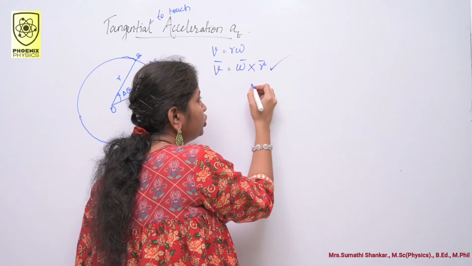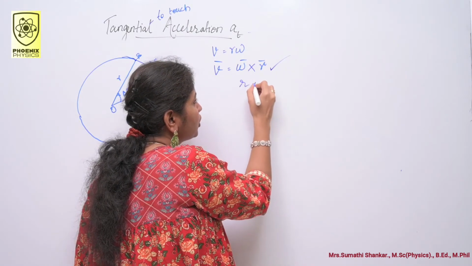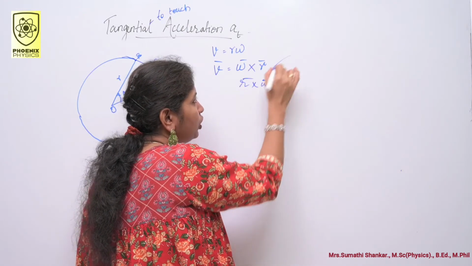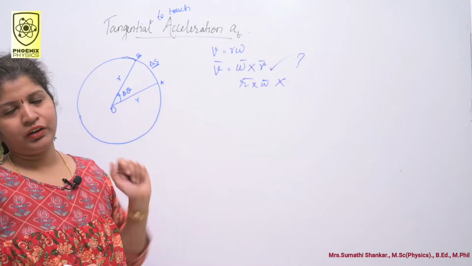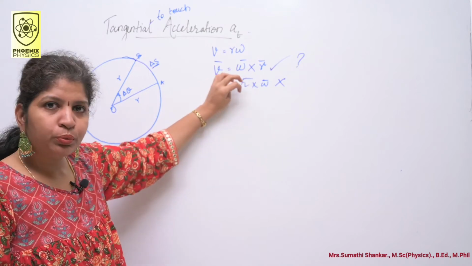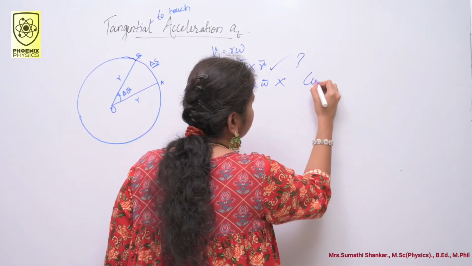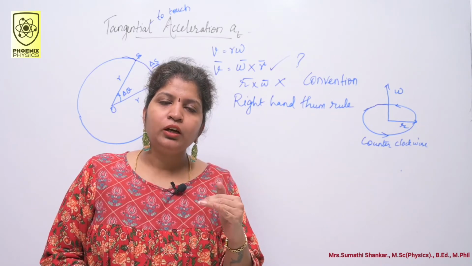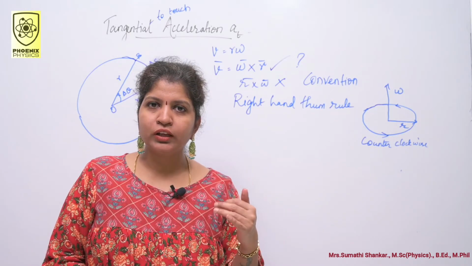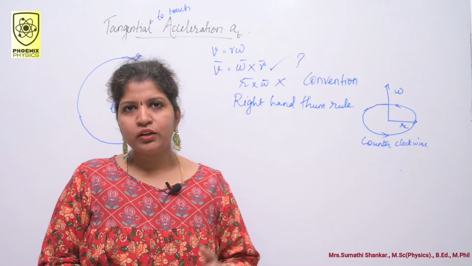This is the correct one. You should not write r cross omega. Why do we write omega cross r vector? Actually, this is purely convention. In our angular velocity topic, we studied the direction by using the right hand thumb rule. What is that?